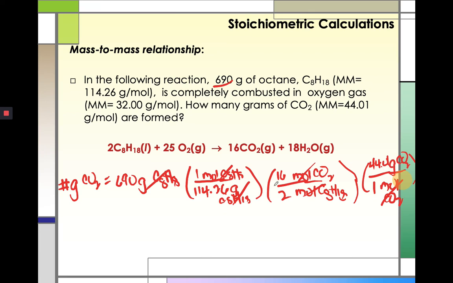Now, if everything else got cancelled and we already have the unit that we want, then we can start inputting in our calculator. That is just 690 divided by 114.26, times 16 divided by 2, times 44.01, and then divided by 1, but we don't mind that anymore.